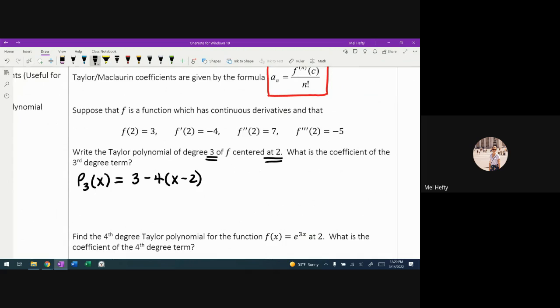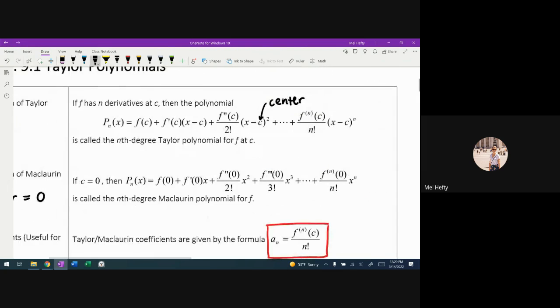Now, if I stopped here, technically this is a tangent line. You don't have to write this, but this would be like y minus 3 equals slope times x minus 2, add the 3 over. It's just a tangent line. But I'm going to keep going. I want to match more than just the first derivative. I want to match the second derivative. It gets spicy once we get to the second derivative, because then I have to start dividing by factorials.